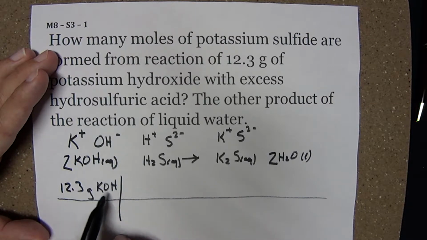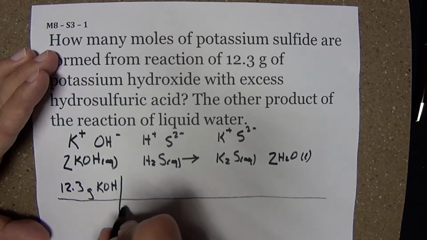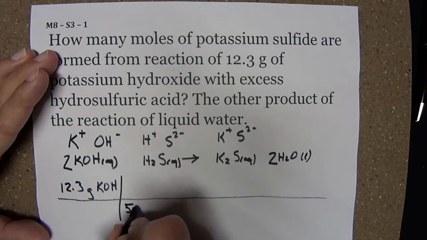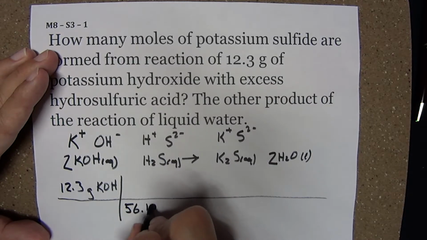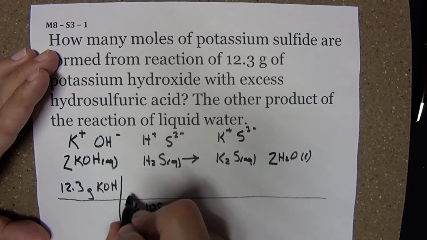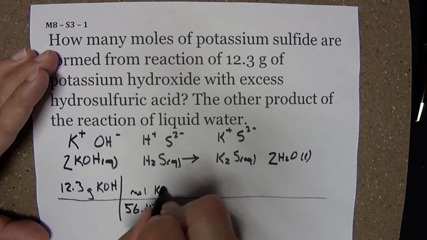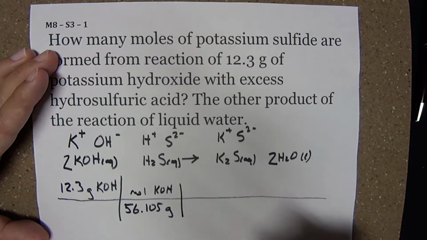I'll need to know the molar mass of potassium hydroxide: atomic mass of potassium plus that of hydrogen plus that of oxygen. We get 56.105 grams per mole of potassium hydroxide.